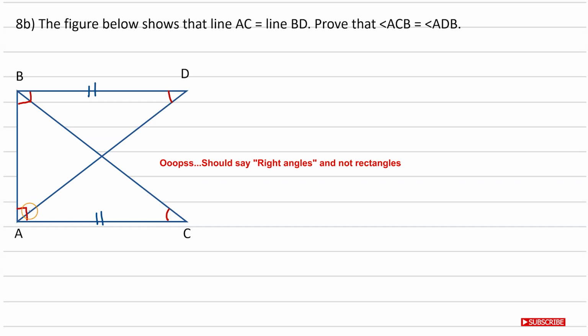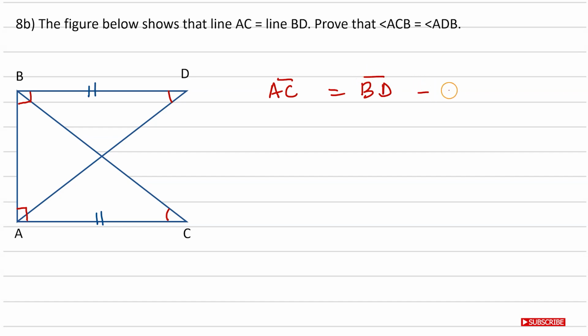Otherwise, you cannot solve this question. So we're going to assume these corners are 90 degrees. So what we can say is that line AC is equal to line BD. And why is that? Well, we were told that is the case. They say here they are equal.